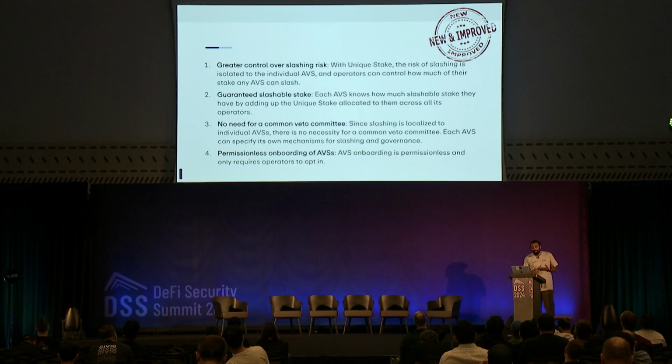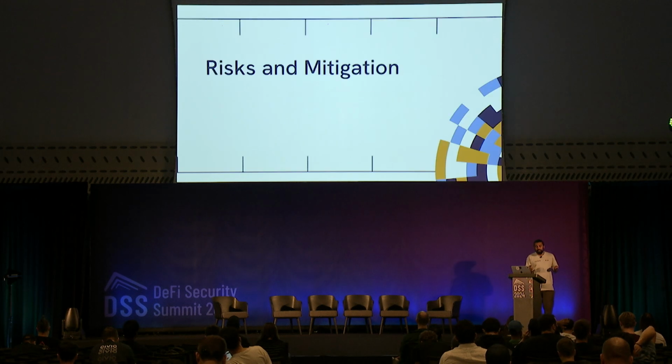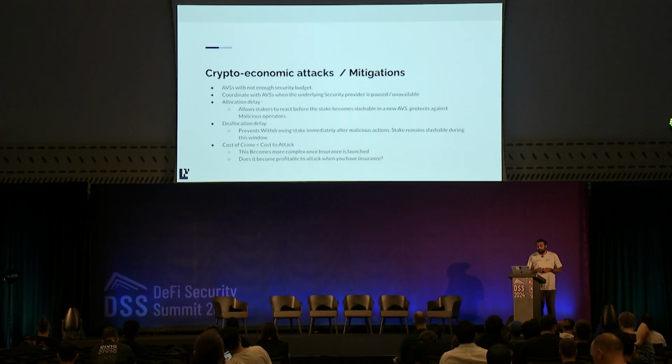What is good here, right? The greater control over slashing risk, and you have guaranteed slashable stake. There is no longer a need for a common veto committee, and you have permissionless onboarding of AVSs. And what are the risks and mitigations, right?